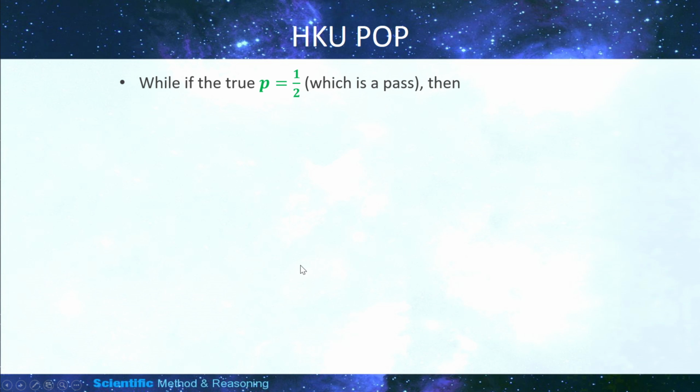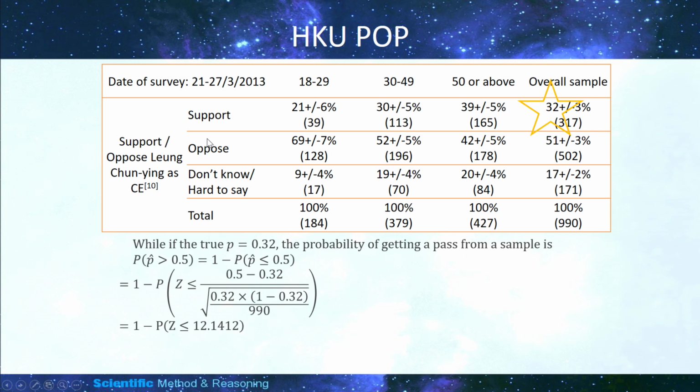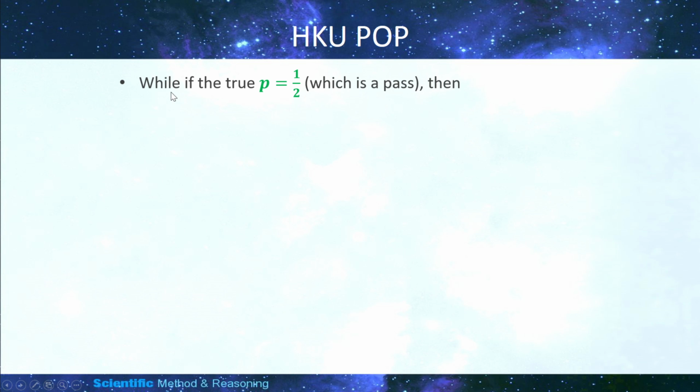Okay. Now, if the true p equals 1/2, actually CY is not that bad. He has been supported by half of the general public, where p equals 1/2. But what we actually observed from this sample is only 32%, a sample proportion p hat of 0.32. What if the true proportion of supportiveness is equal to 1/2?